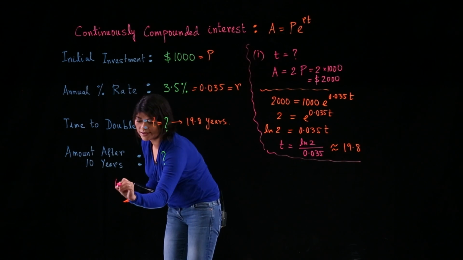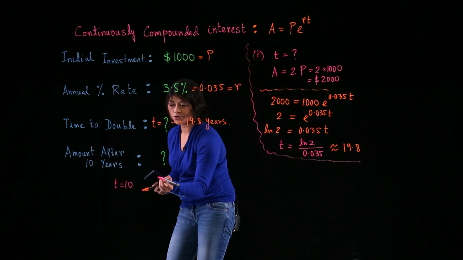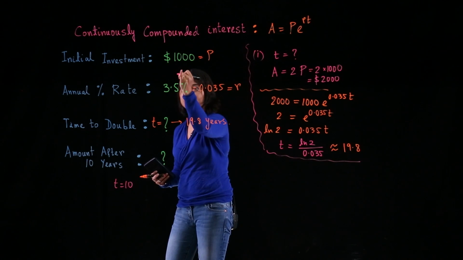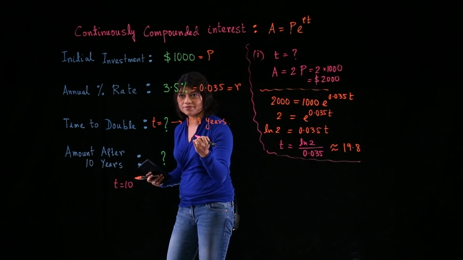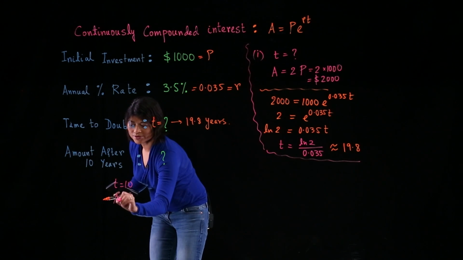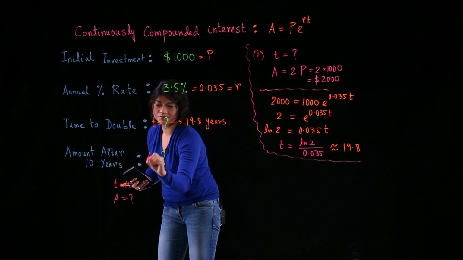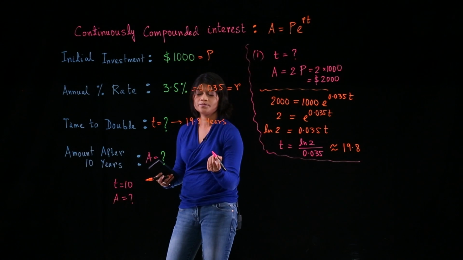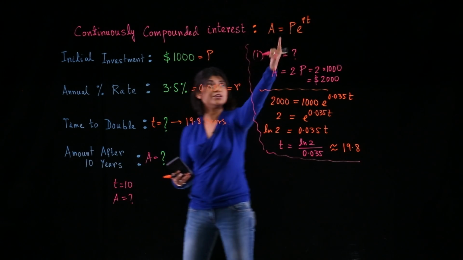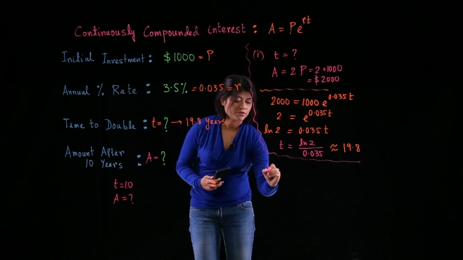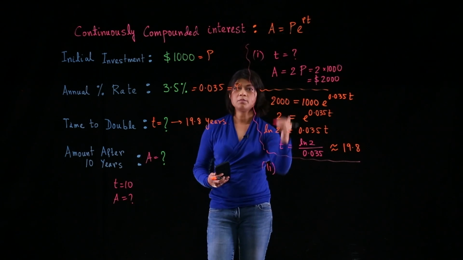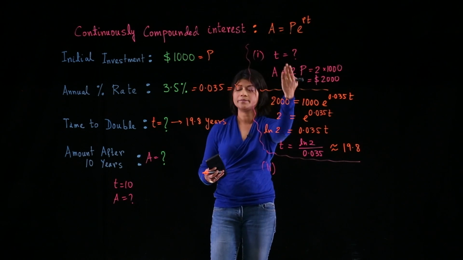In this case, t is 10. We already know P and R. So what is left? A, of course. That's what we have to find. We have the equation right here, so let's plug in everything that we know and figure out A.